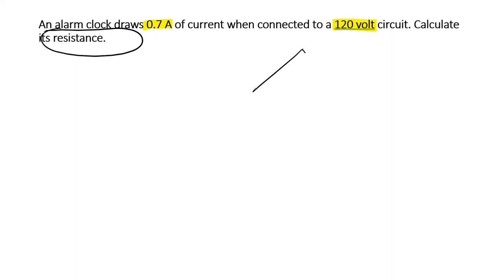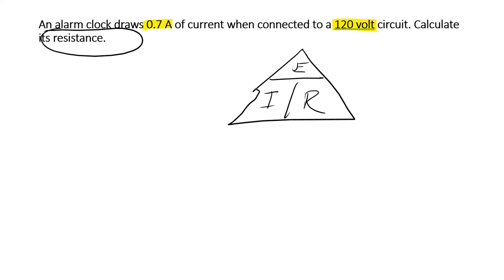Draw my triangle because that's what I always do. E-I-R. And then I'm looking for what? Resistance, right? Put my finger over the R. That gives me E divided by I.